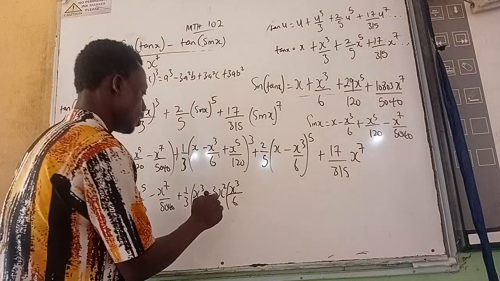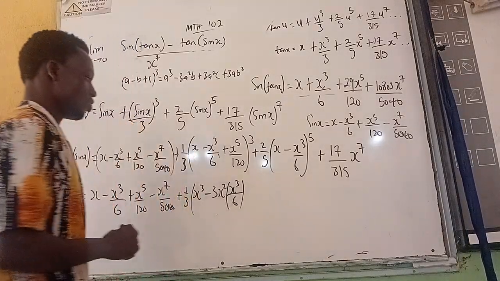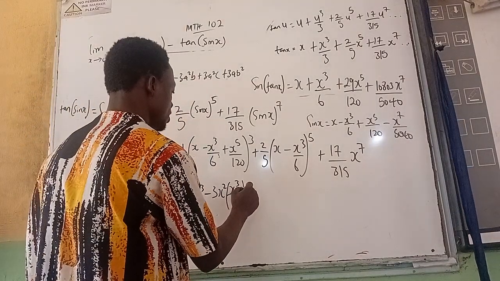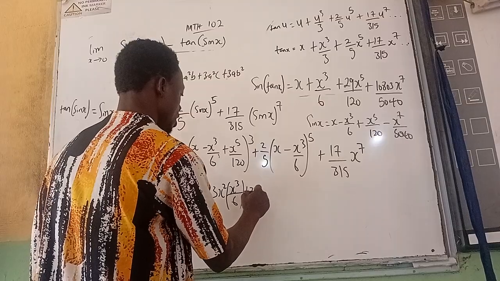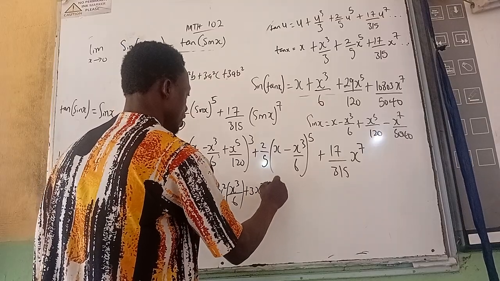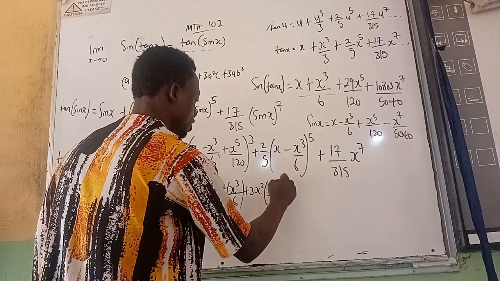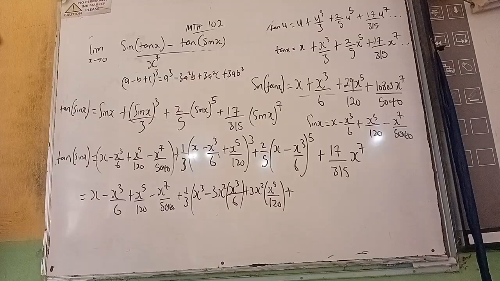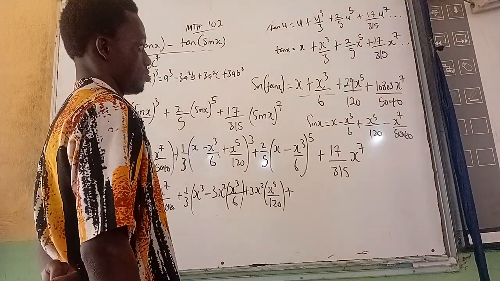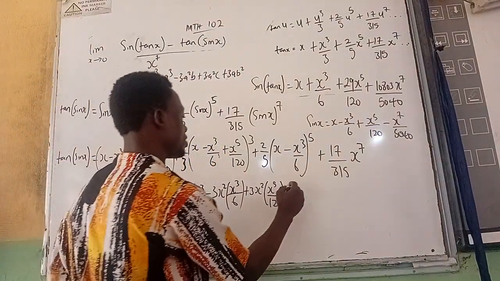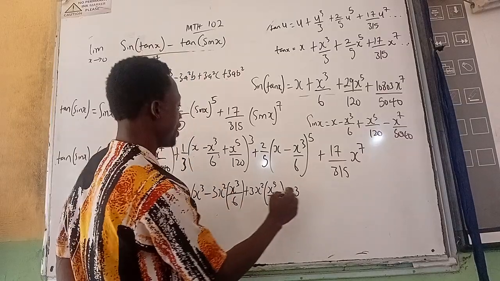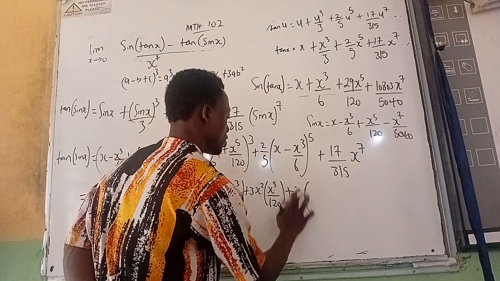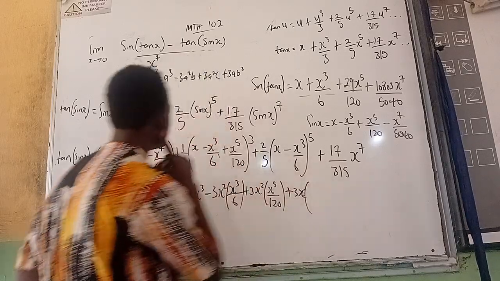So x cube over 6 plus 3a square c, plus 3x square times x^5 over 120, plus 3ab square, plus 3ab square. Yeah, that's 3a times b square, 3x times b square.